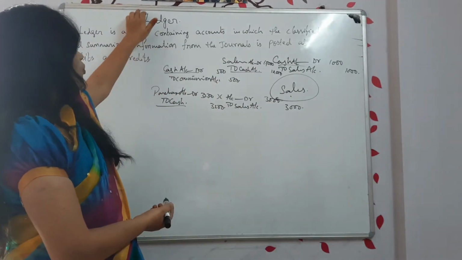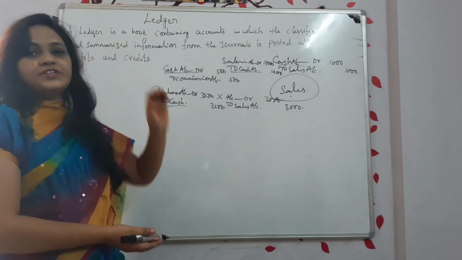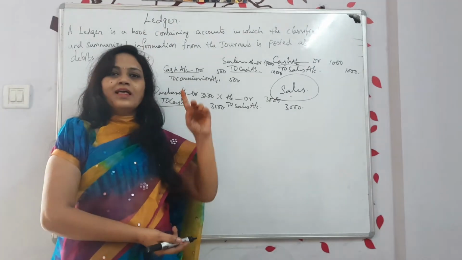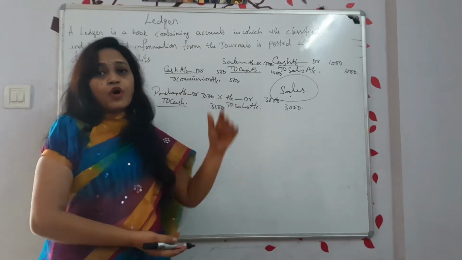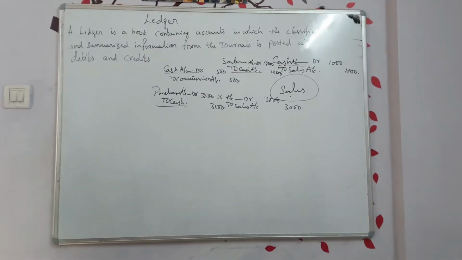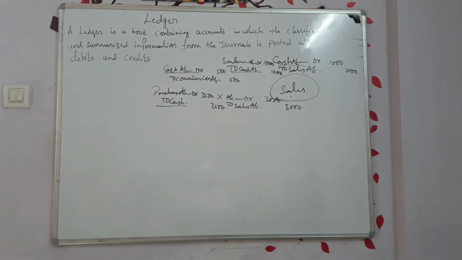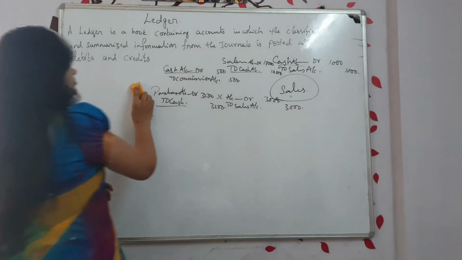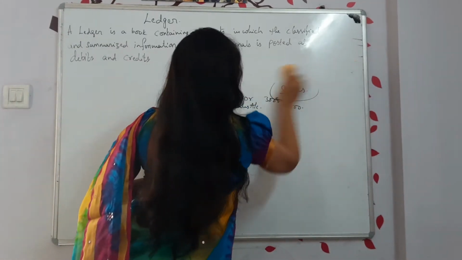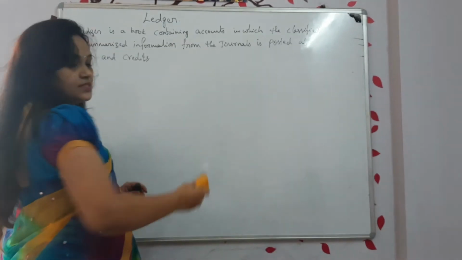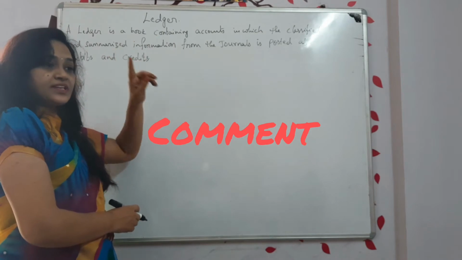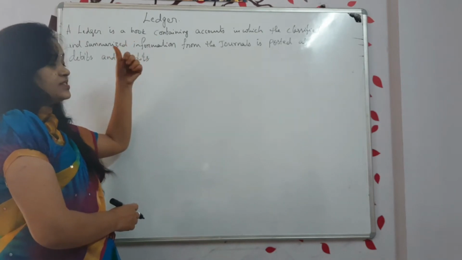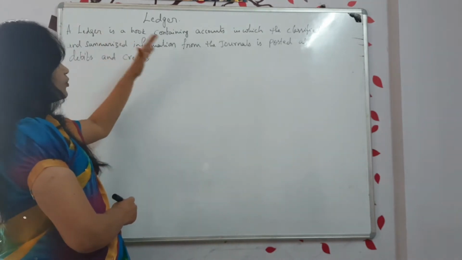So we move to one more topic, that is called ledger. Now let us see what a ledger is and what the format of a ledger is. Ledger means it is a book. We call it the second book, because the first one is the journal.